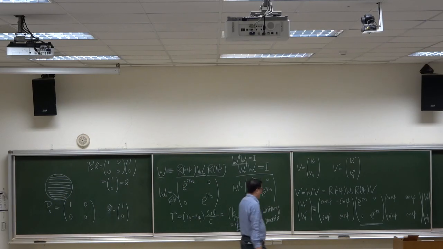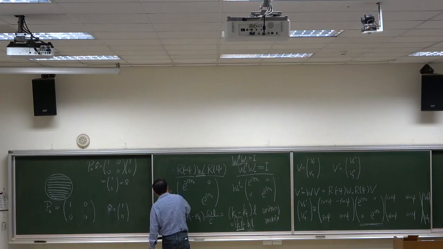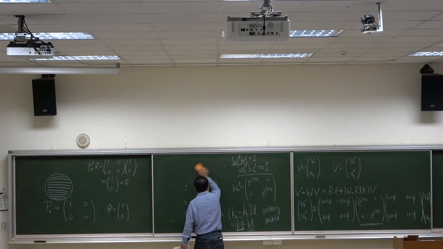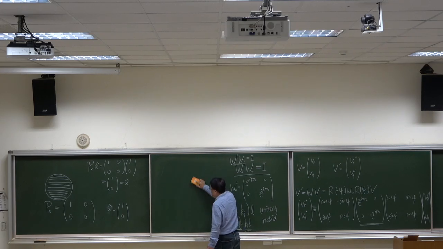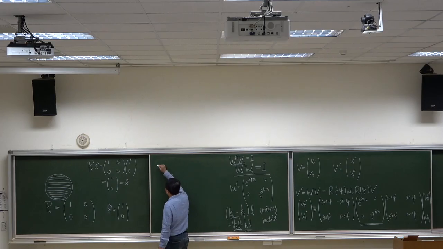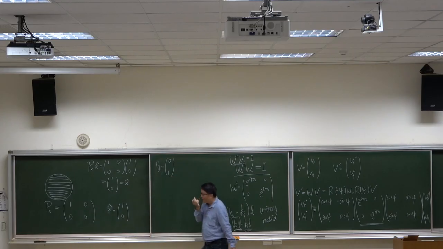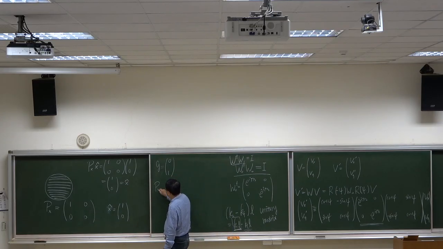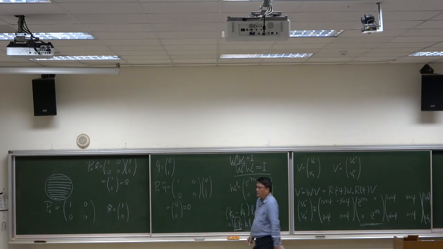And if we multiply by the y polarization, which is represented as 0, 1, then we see that Px times y gives 0.